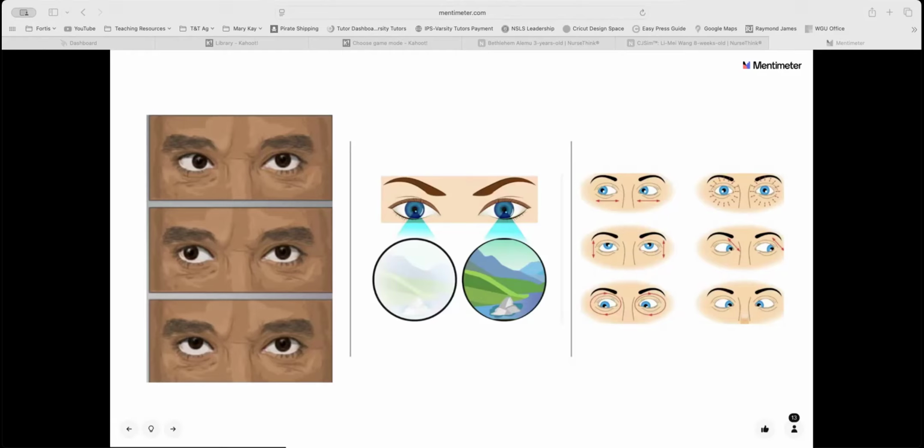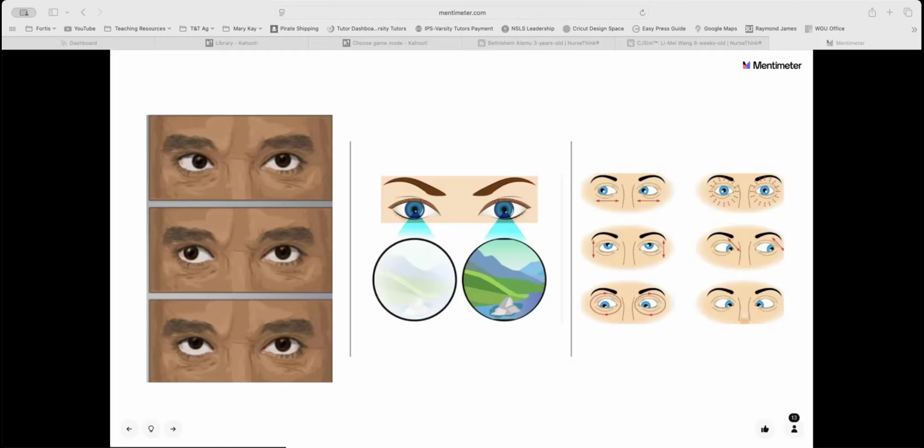By using that, we're exercising those muscles. We're going to improve our vision by forcing our brain to work with that eye and make those corrections. So always patch the good eye with strabismus and amblyopia so that we can strengthen that weaker eye.